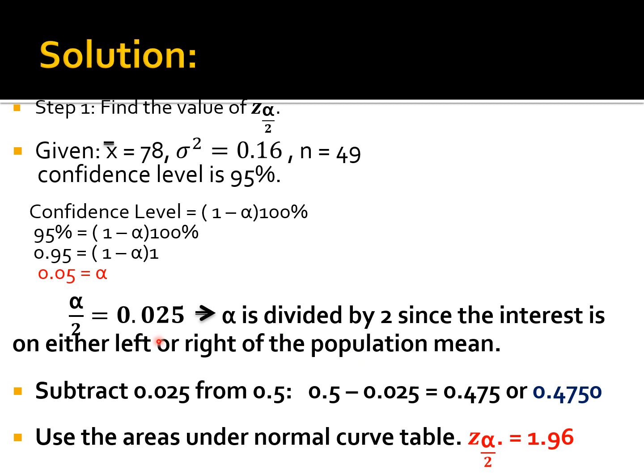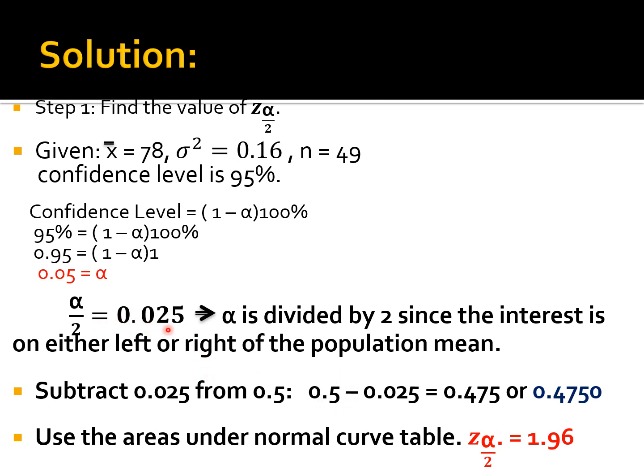After dividing alpha by 2, the quotient will be subtracted from 0.5. Sir, where does 0.5 come from? That's a given, a constant. Since we're interested in the normal curve on the other side, we have 0.5 to find the area. So 0.5 is a constant after dividing alpha by 2.